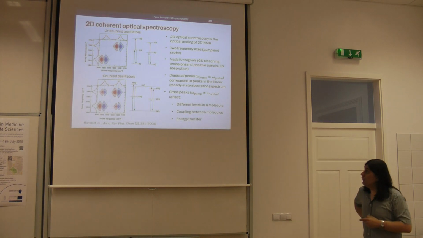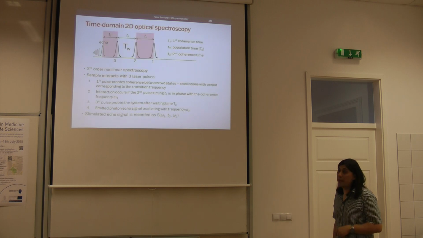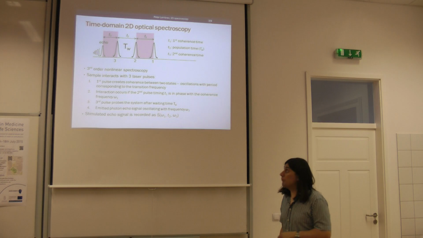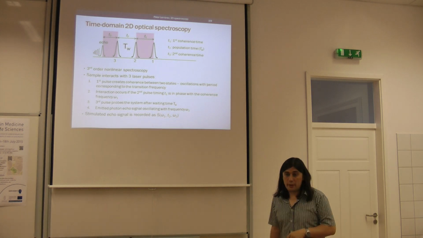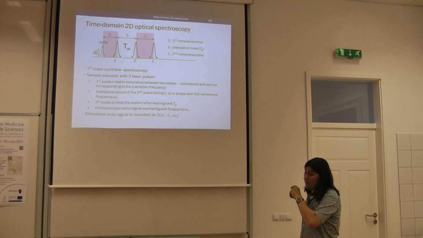And this, you can kind of cheat the Fourier transform limit if you use broadband pulses and you use time domain two-dimensional spectroscopy. What is the real two-dimensional coherent spectroscopy done nowadays everywhere?